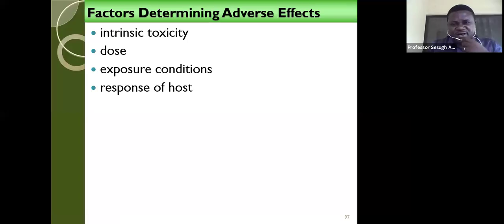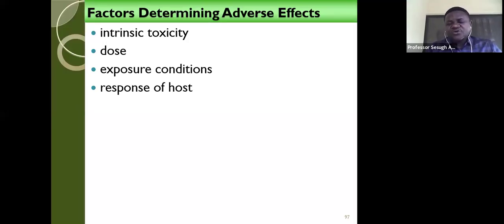So these are the factors that determine adverse effect. You have what is called intrinsic toxicity, dose, exposure conditions, response of host.